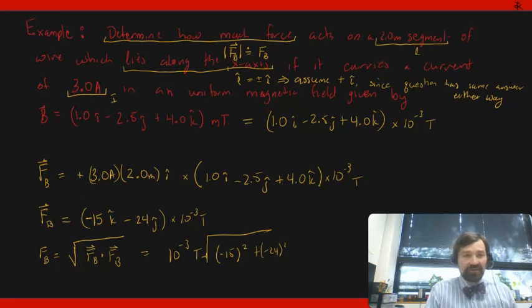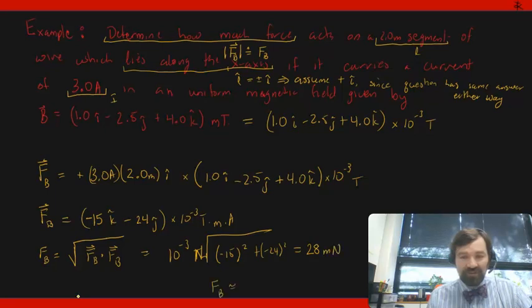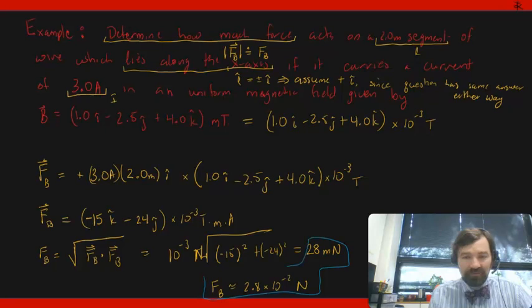So we put all that into our calculator, and what we get is 28.3 times 10 to the minus 3. And maybe I should note that the units here are Tesla meter amp, so those units convert to newtons. So this is about 28 millinewtons, or if you prefer, FB is about 2.8 times 10 to the minus 2 newtons. Either way, we have our answer.